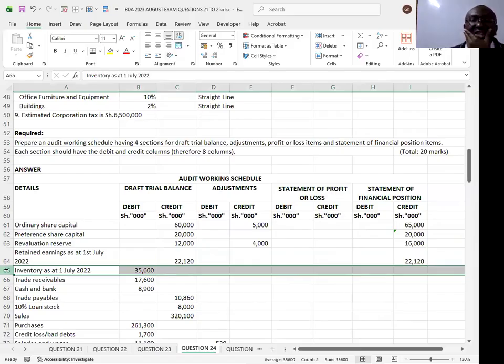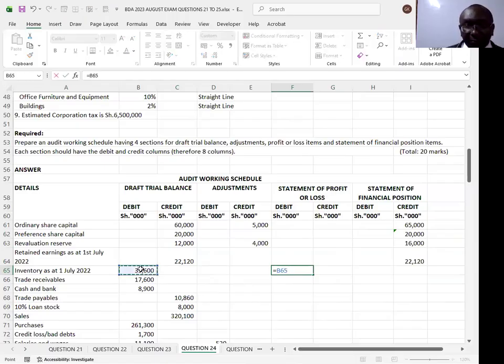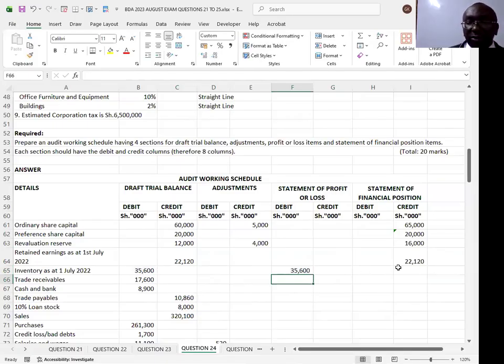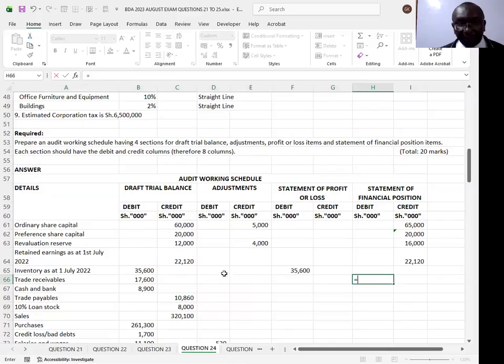Opening inventory, this one only goes to the statement of profit or loss here as a debit amount, it does not go to the statement of financial position. Trade receivables, we opened with a debit of 17, no adjustment, so it should come here as a debit of 17,600.